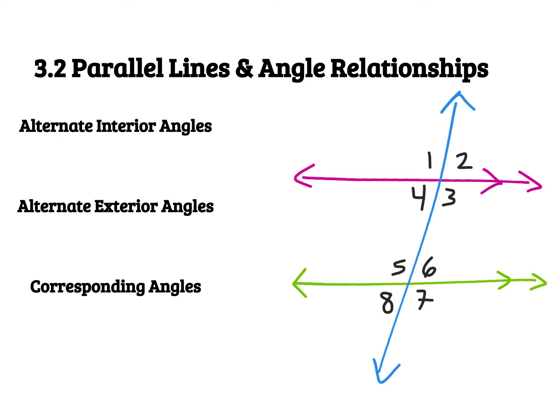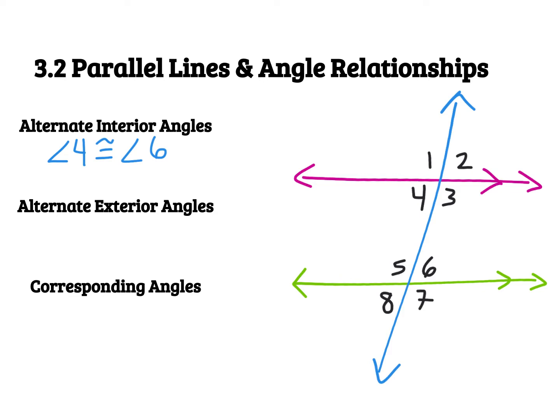We can say that they are congruent. So angle 4 is congruent, that's the congruent symbol, to angle 6. Or I can say angle 3 is congruent to angle 5. Or congruent, you know, is that they're the same.